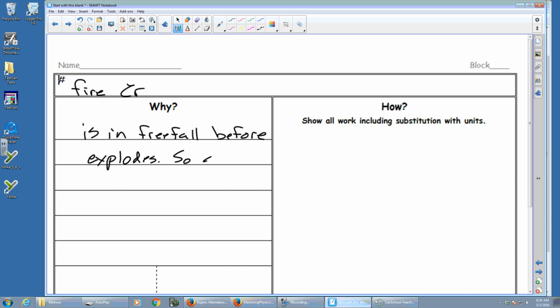So accelerating down at little g, and starts from rest.